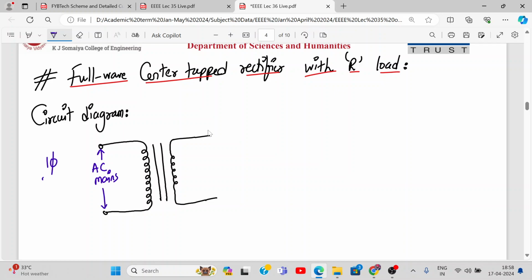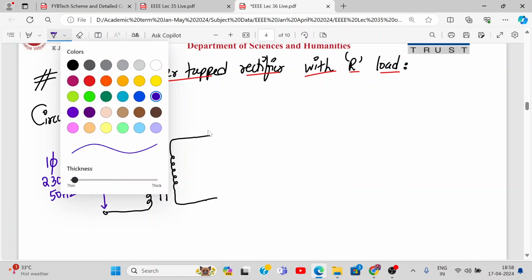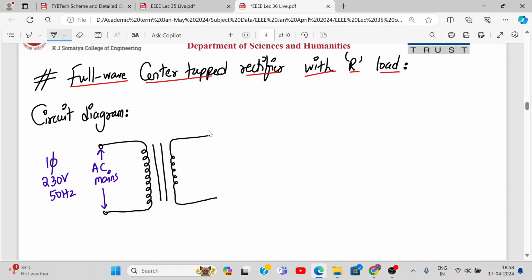AC mains is single phase 230 volt, 50 hertz. This is a center tap step down transformer. I will tell you how that works.